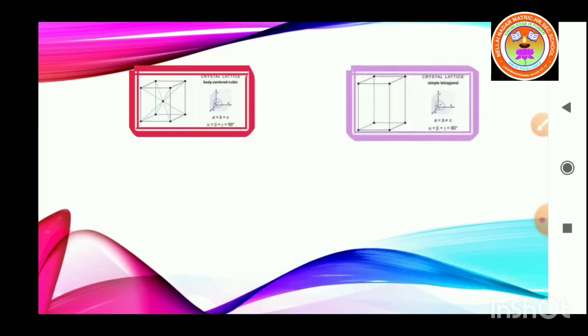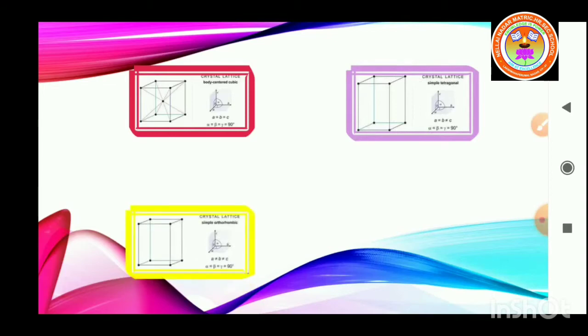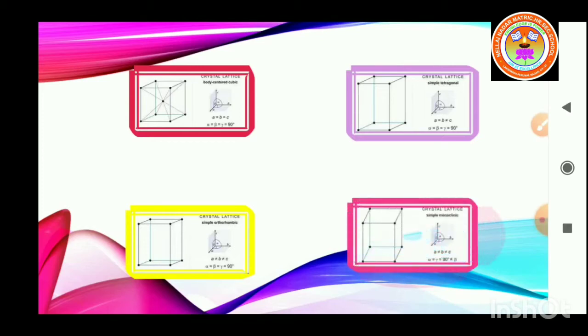The next one is, see here, the body centered cubic, that is the cubic crystal system diagram. The second one is tetragonal. Yes, because see the trick. That is our trick to memorize the seven crystal systems, isn't it? So the first one is the cubic diagram, the second one is the tetragonal diagram, the third one is orthorhombic, and the fourth one is monoclinic.